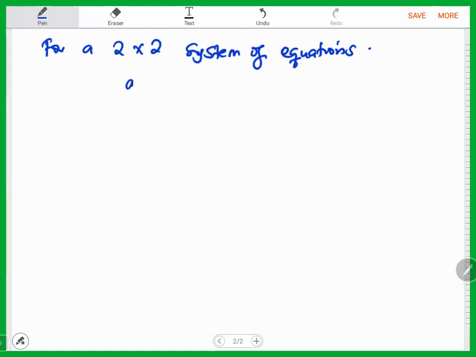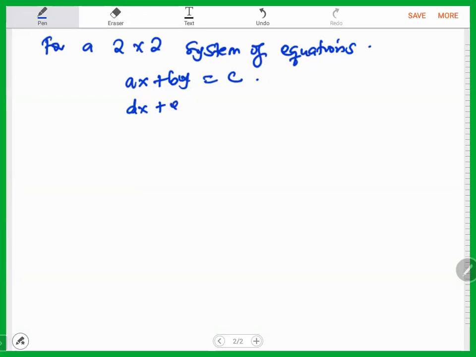So I've discussed the different systems, and generally, when we have been provided with a 2 by 2 system of equations, we can have it in the form of ax plus by equal to c, and this is equation 1, then dx plus ey equal to d is equation 2. So that is a system of 2 equations.